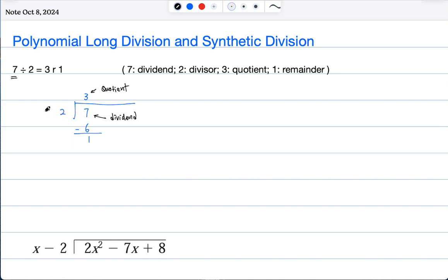And this number 2 we call the divisor. And what is left over on the bottom, we call the remainder.